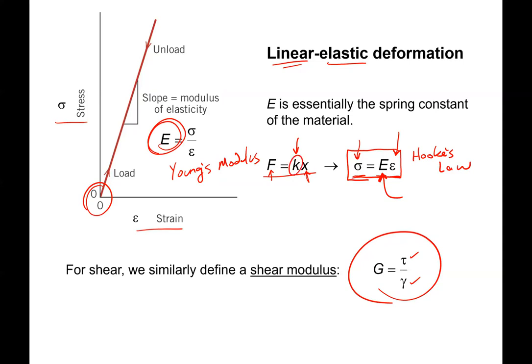Otherwise, the stiffness would go up. This is dependent upon geometry. So this is why we don't use this form, but put it into stress and strain and use Hooke's law. For shear, we have the shear modulus, shear stress, and shear strain, which we just saw recently defined.